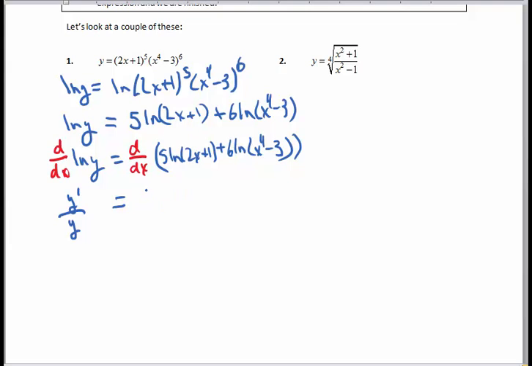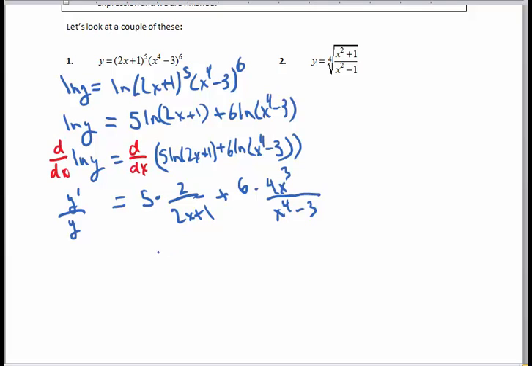So I would take the derivative of the first expression and the derivative of the second expression. In this case, I have a 5 out front in the first one, and then u prime over u, which would be 2 over 2x plus 1, which was u. And then for the second one, I have the 6 out front, and I would take the derivative of x to the 4th minus 3, which is 4x cubed over u, which is x to the fourth minus 3.